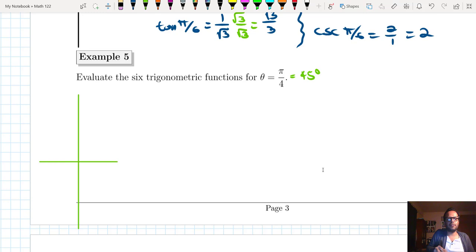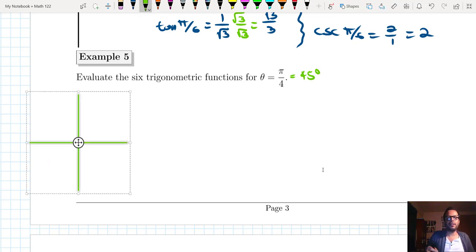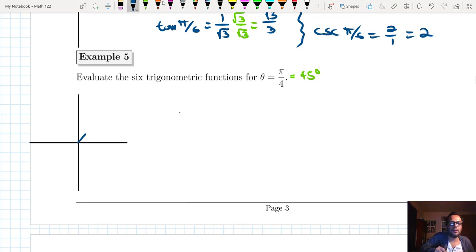Let's draw another Cartesian plane, in which the triangle will be the 45 degrees, right? Which we know the sides are 1, 1, and square root of 2, right?